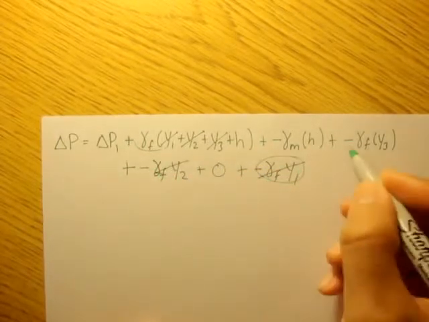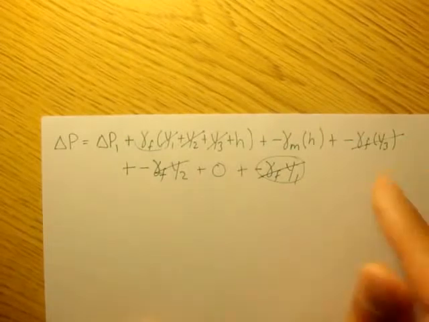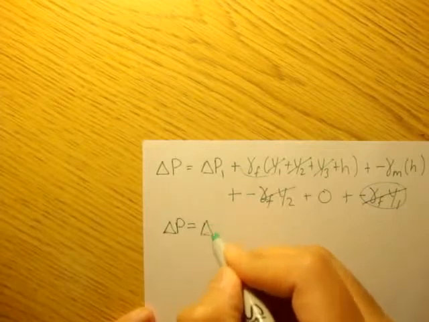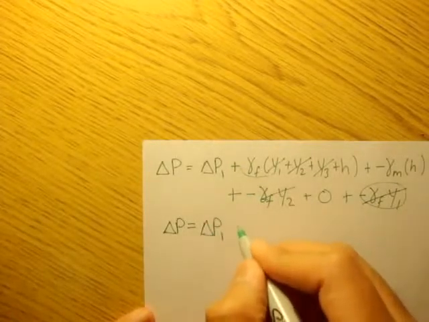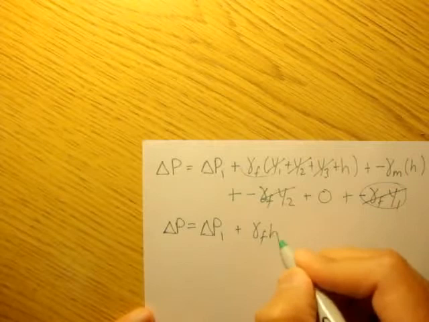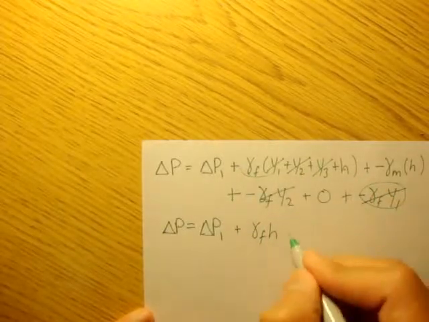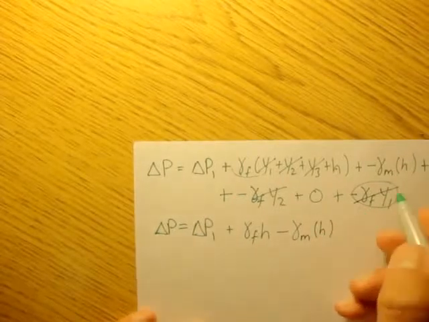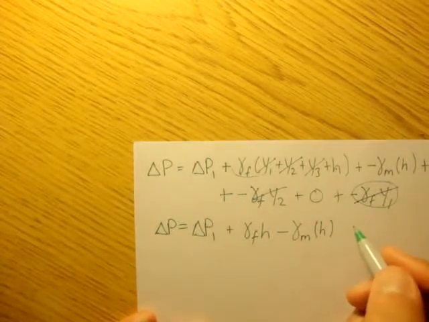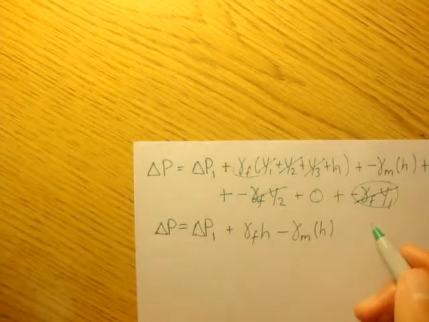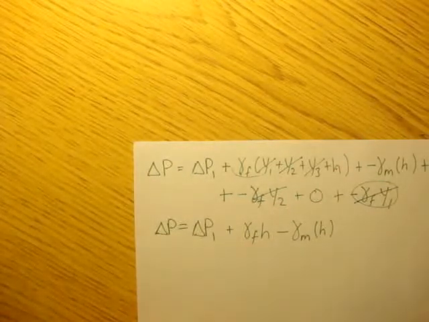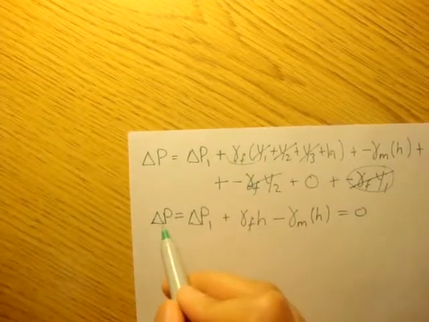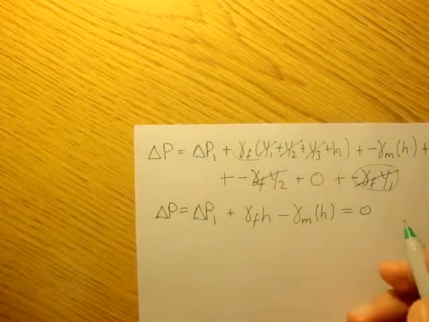So we're left with the change in pressure is equal to the change in pressure of 1 plus gamma F H, right? Gamma F H minus gamma M H. Oh, well, I think that's it, isn't it? So here, and remember this is equal to 0, right? The total change in pressure of the entire path is equal to 0.